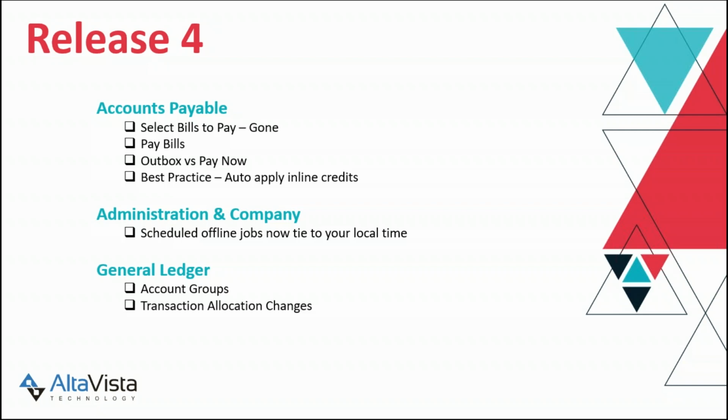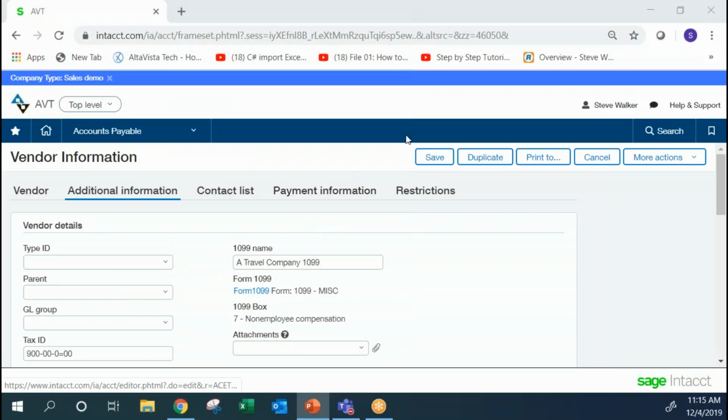And so I just want to show a little bit more about the pay bills, to educate you a little bit more on it, and then we'll talk about Outbox versus Pay Now, and then a little bit about best practice with auto apply inline credits.